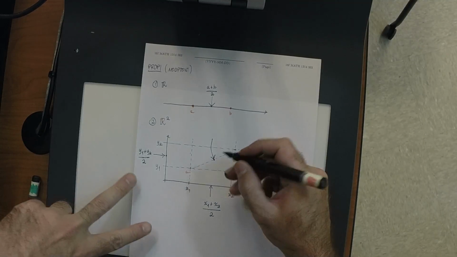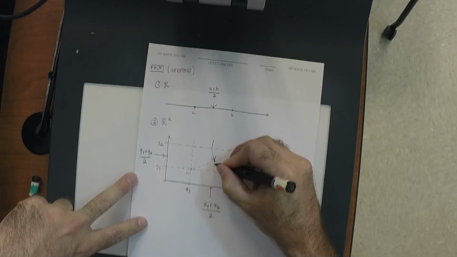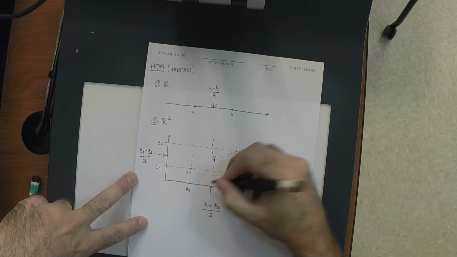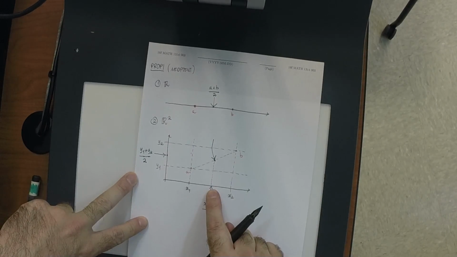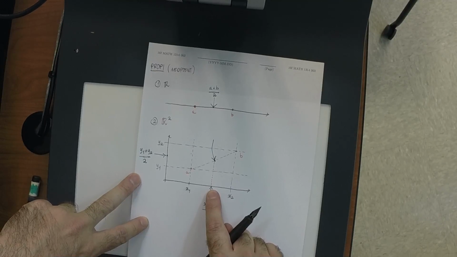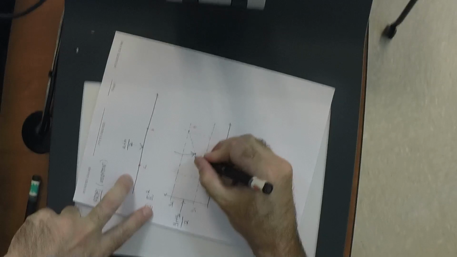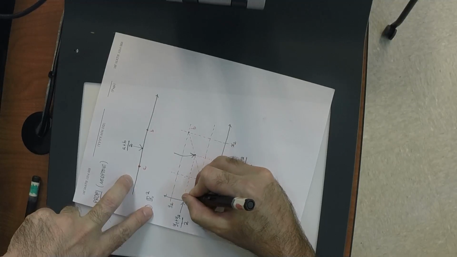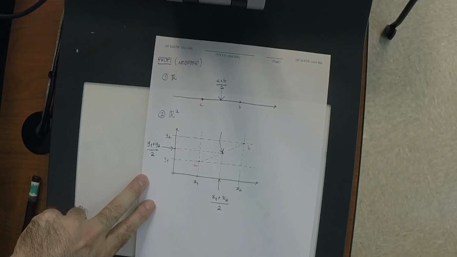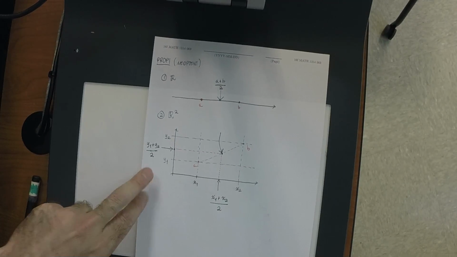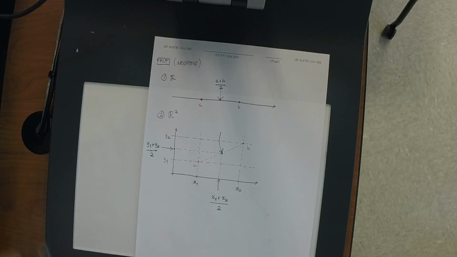Well, look. The first coordinate has got to be that, doesn't it? And the second coordinate? It's got to be that one. So what are the coordinates of that point?